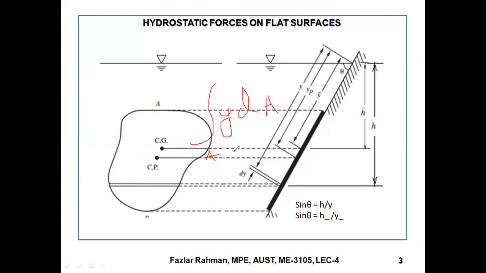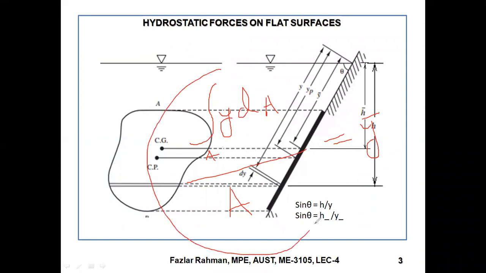This y dA, if I divide by the area, then I will get y bar or ycg. Okay, so understand this one.